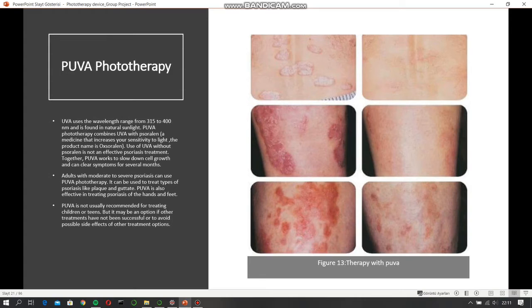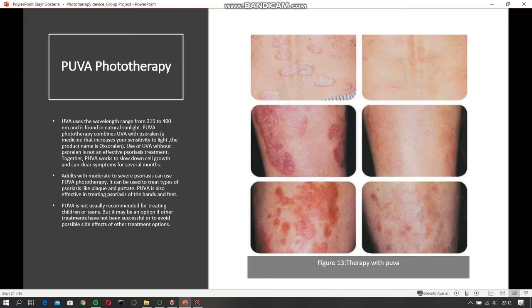PUVA phototherapy uses ultraviolet A with a wavelength range from 315 to 400 nanometers, found in natural sunlight. PUVA phototherapy combines ultraviolet A with psoralen, a medicine that increases your sensitivity to light.